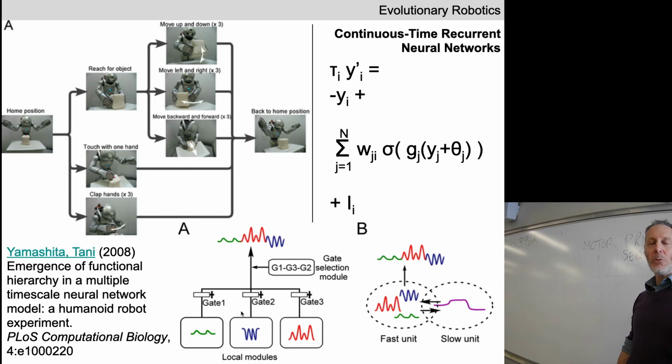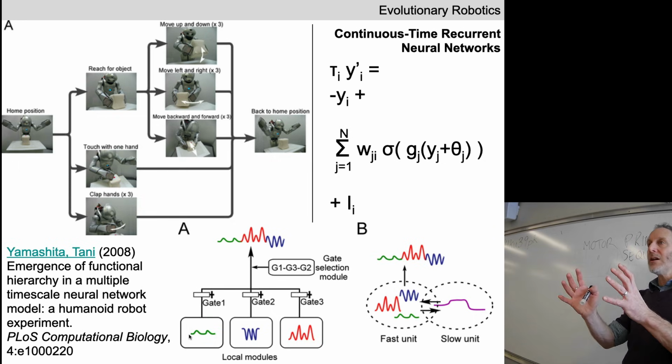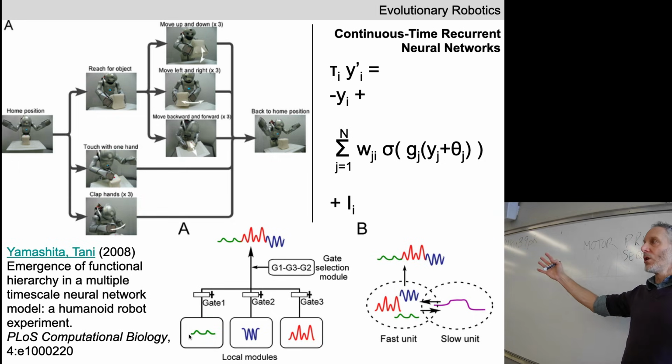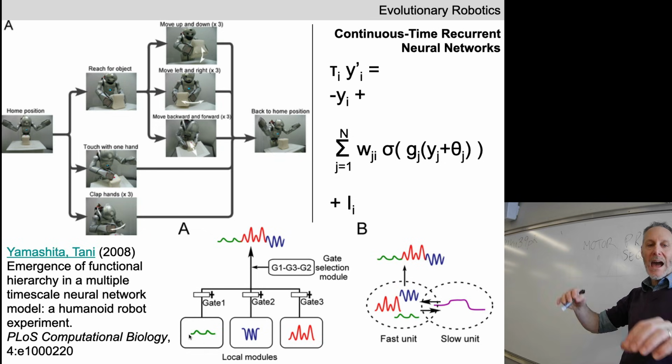If we similarly want to teach a robot to be behaviorally flexible, able to do lots of different things and put lots of different motor primitives together in different sequences, we're going to need more and more neural real estate. We're going to have to keep adding more neurons every time we want to teach a robot to do a different task.